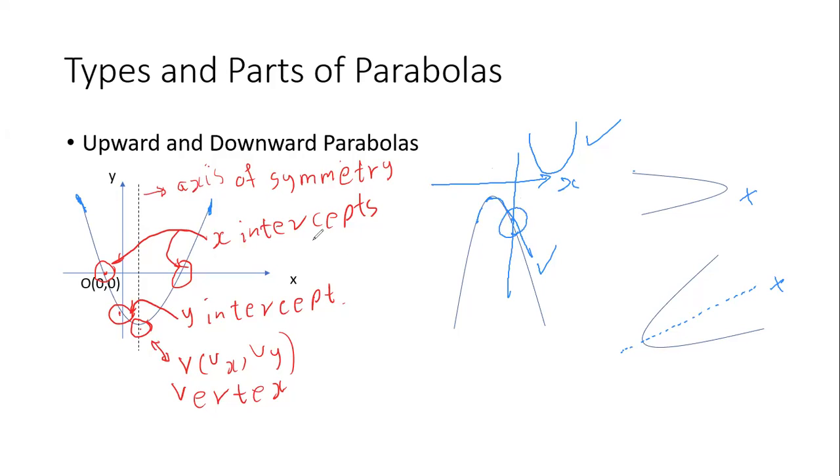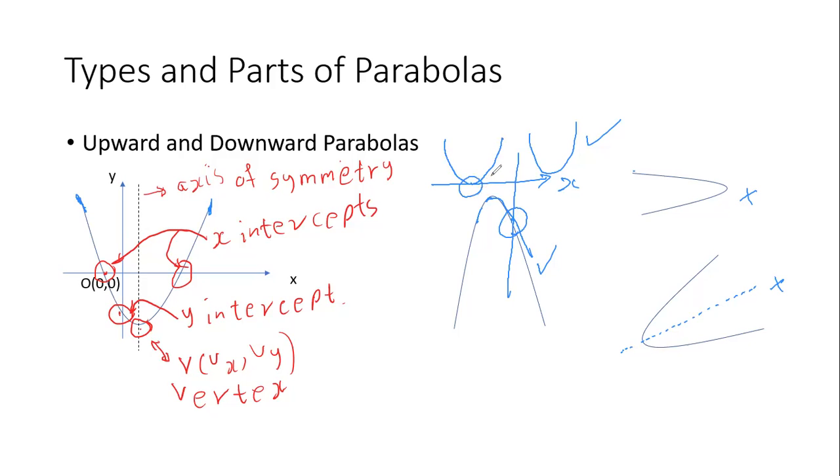So that means a parabola may intersect the x-axis at two different points, or may touch the x-axis. For instance, it is like this. You see, it is simply touching here.